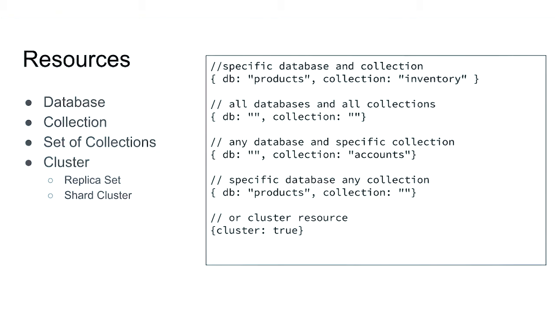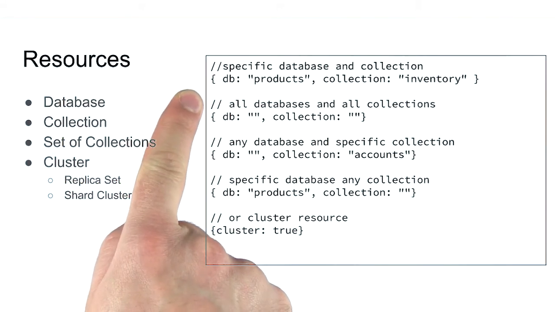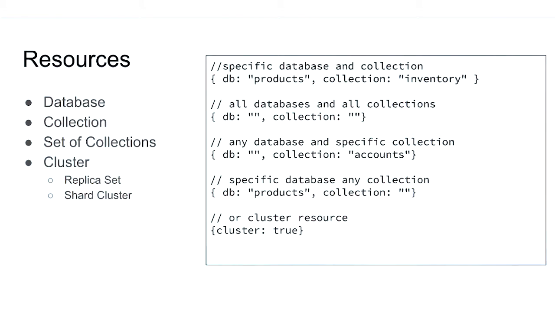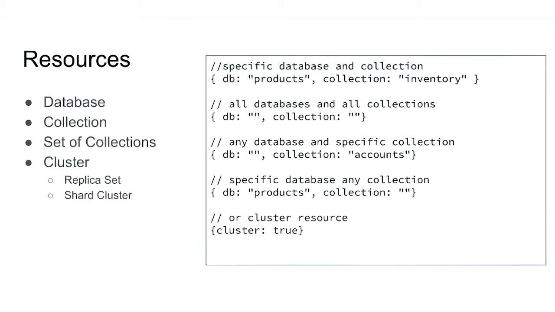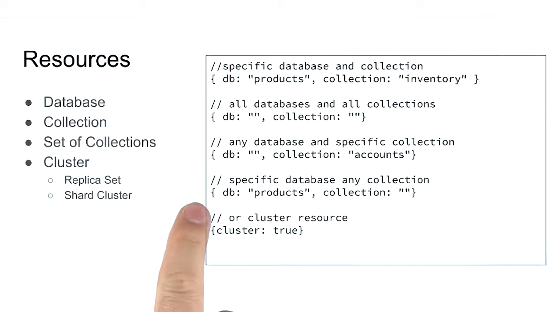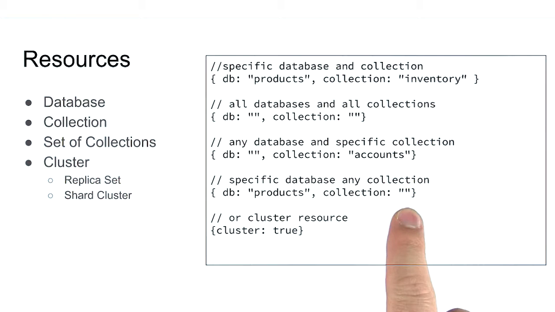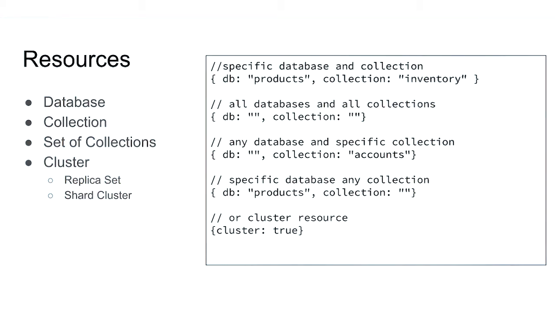A resource in its own right can be defined as a specific database and specific collection, any database and any collection, any database and a set of collections, or a specific database and all collections within that database. And finally, we also have the cluster-level resource that applies to operations regarding the replica sets or sharded clusters.